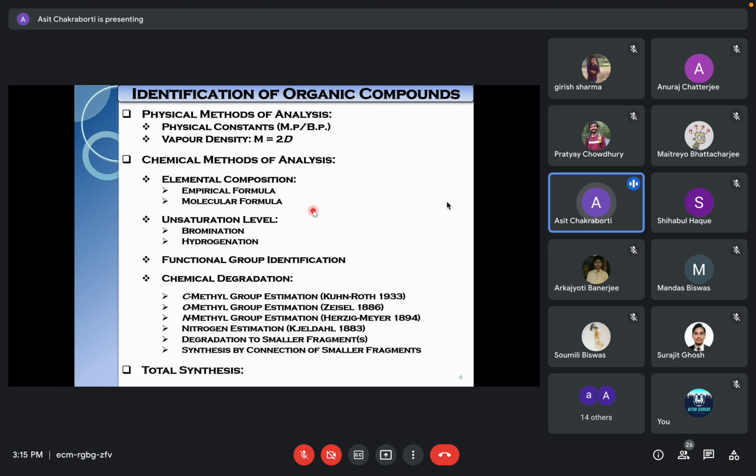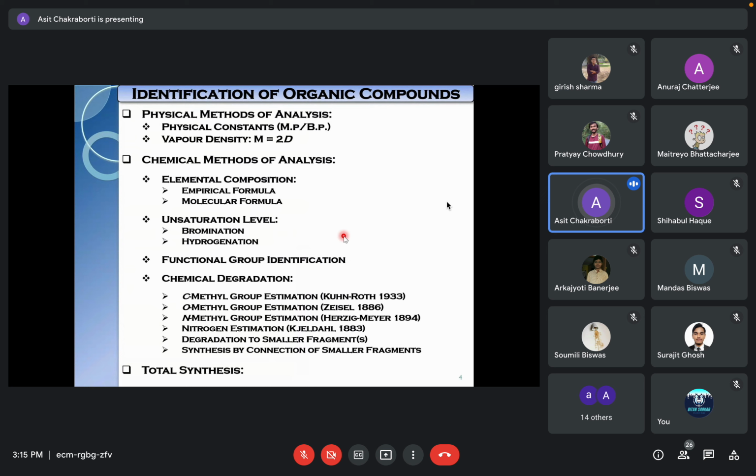And there is another parameter taken into consideration here called double bond equivalent, DBE. I hope that you have been told what DBE is earlier. Do you know what is called double bond equivalent? Yes, sir, there is a formula. Right, then I will not go into that.